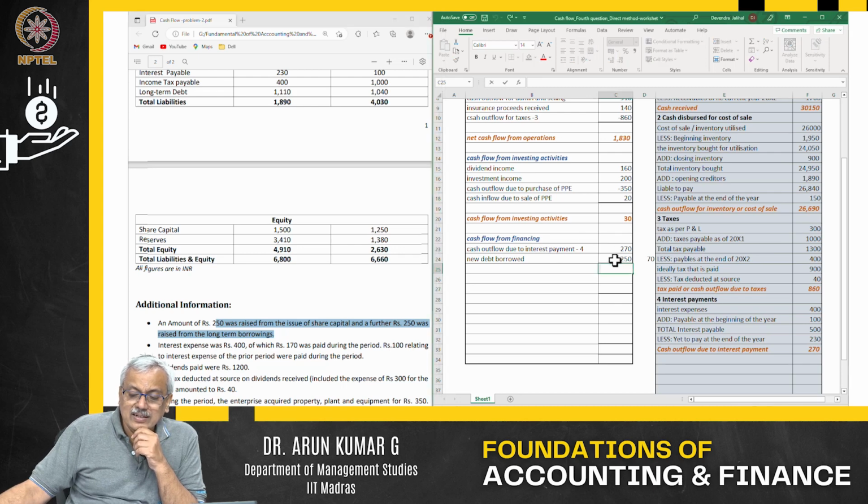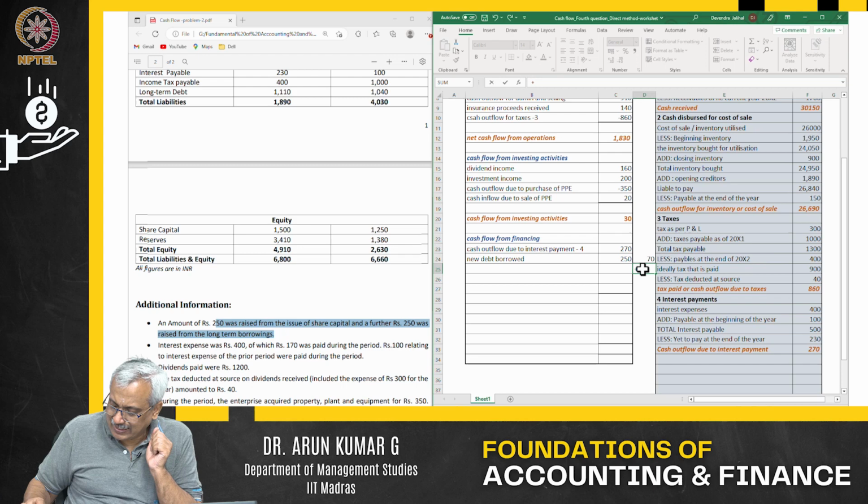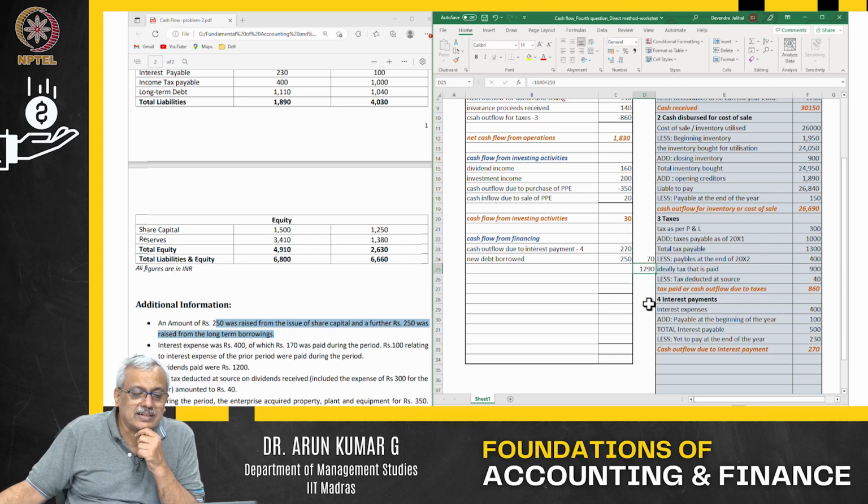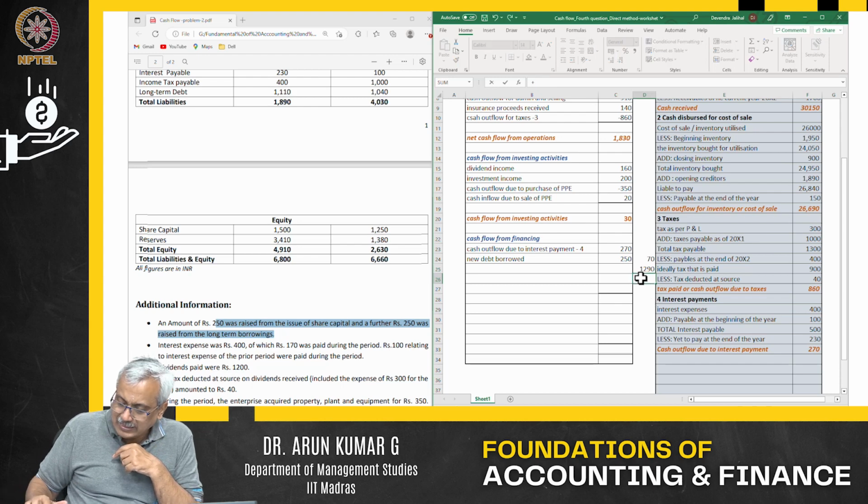If the new debt borrowed was $250, then what should your debt balance be at the end of the current year? It should be 1040 plus 250, that means 1290. But what is the debt balance you have? The debt balance I have is 1110.